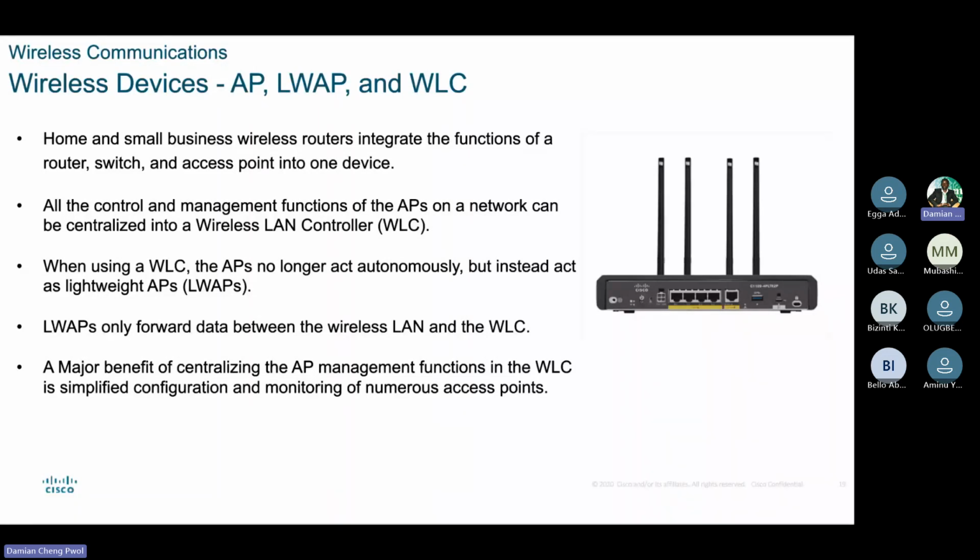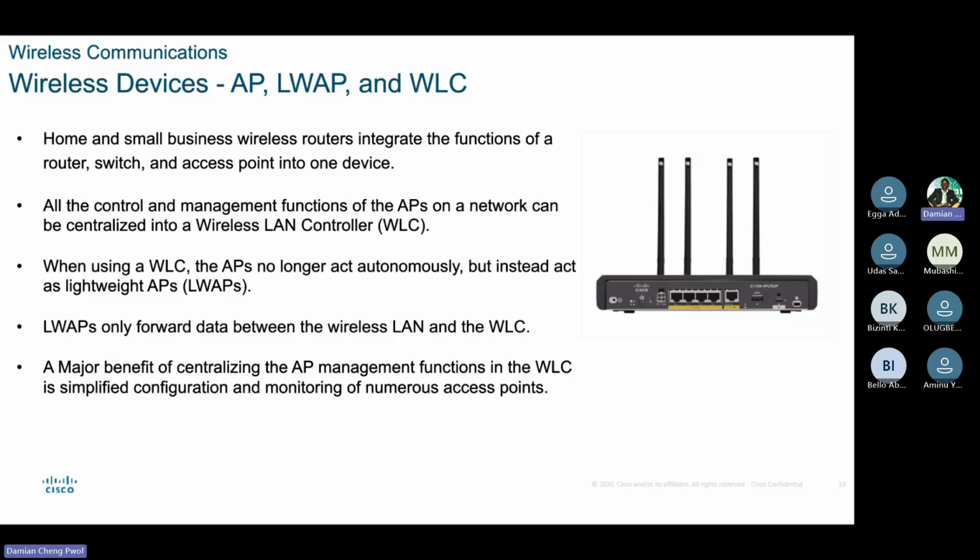All the control and management functions of access points on a network can be centralized into a wireless LAN controller. What we mean here is that access points have a limitation in terms of the coverage range at which you can send the signal.